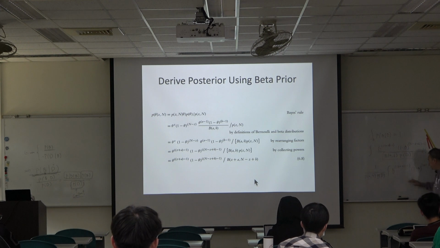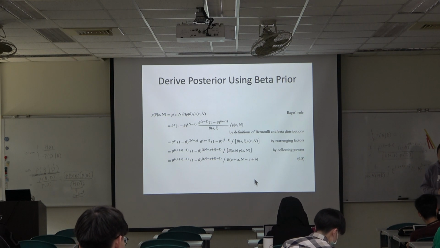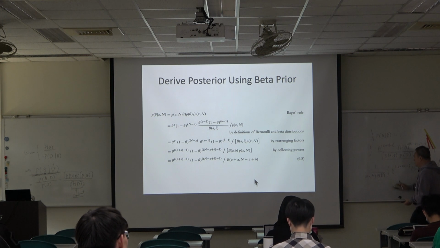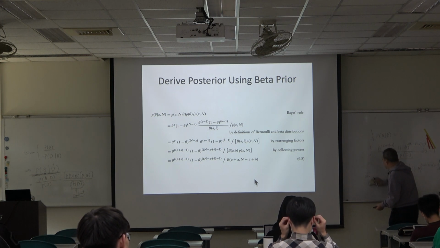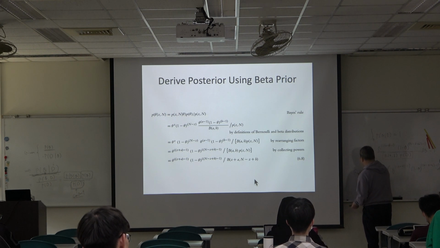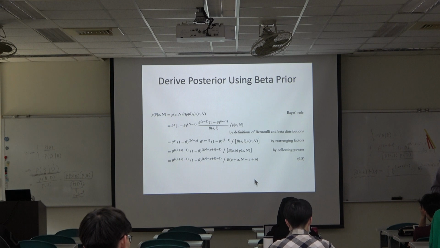In order for the result to be 1, this integral has to be this value. Otherwise, how can it be 1? So I can directly write this thing as this integration. So far, so good, right?